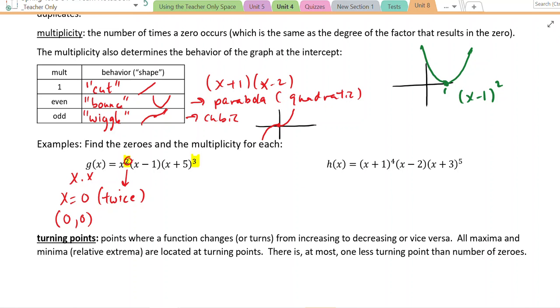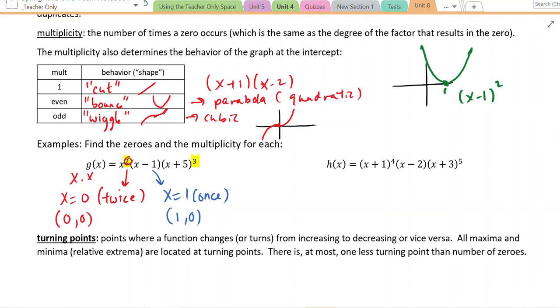Then there's x equals 1. If you put in 1, the overall solution is 0. Remember that it's a value you can put in. The whole point is these zeros, if you put them in, the y is 0. And there's only one of those. It happens once.